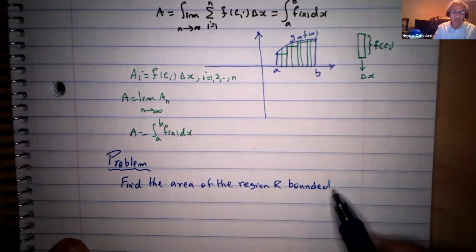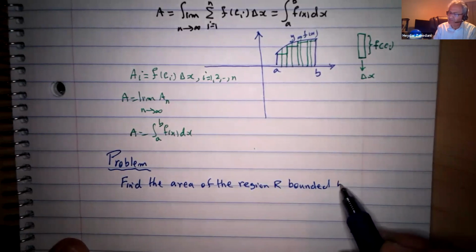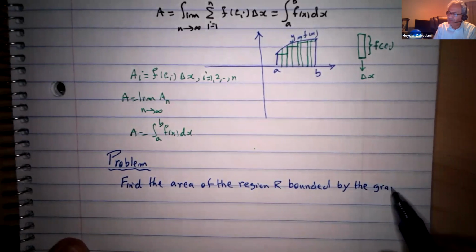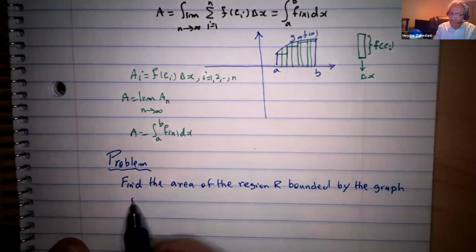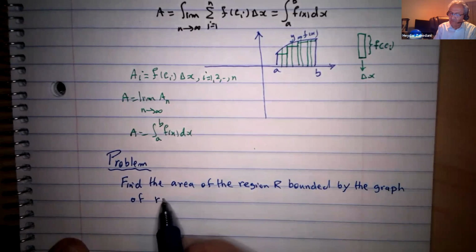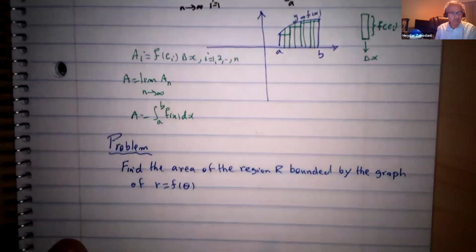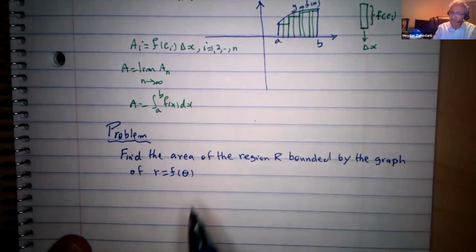by the graph. The graph is going to be in polar form. This is going to be the equation of the graph, r equals f of theta, between two rays.